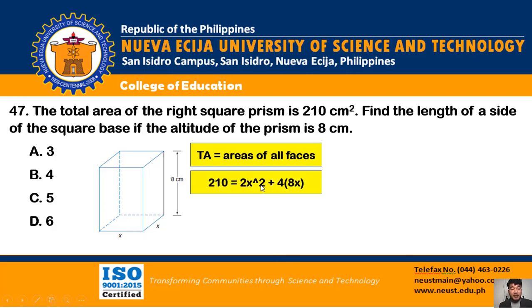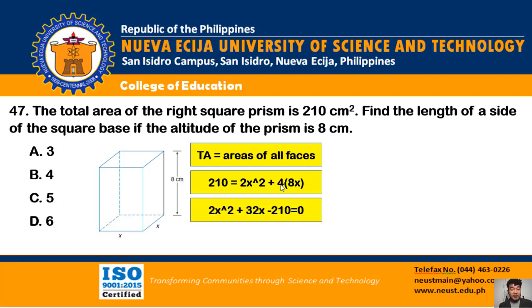So given the total area, which is 210, that is equal to the area of the two squares, so that's 2x squared, because the area of this square is x squared, the area of this square is x squared also. You multiply that by 2, so that's 2x squared. And then the area of the rectangles, we have 4 rectangles, 8 times x is 8x, then multiply that by 4 since we have 4 rectangles.